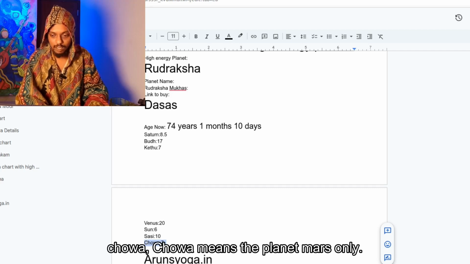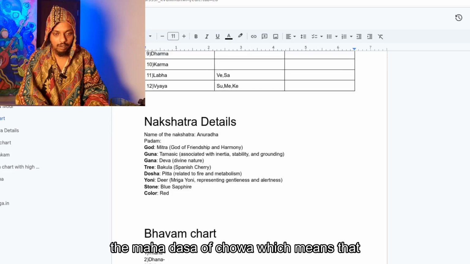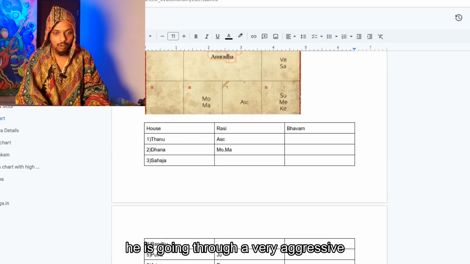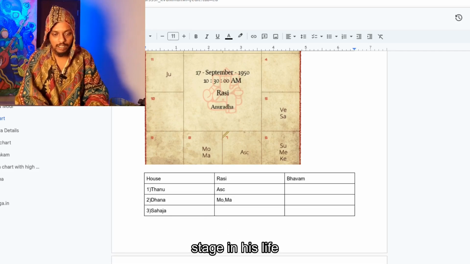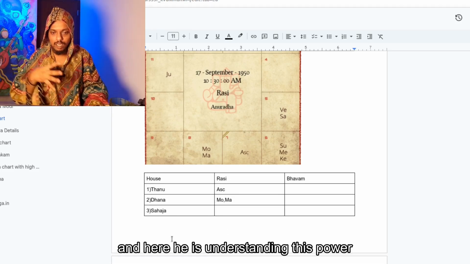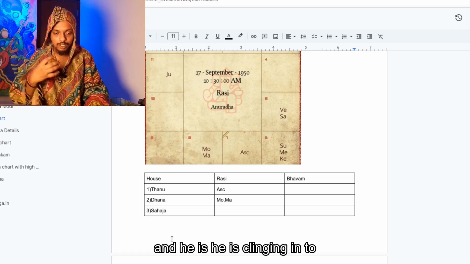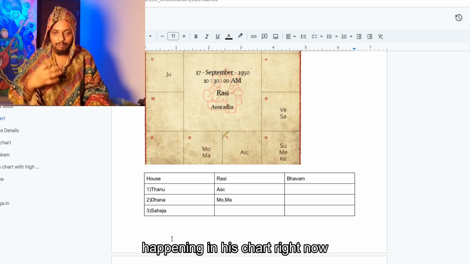Chova means the planet Mars only. So he is in the Mahadasha of Mars, which means that he is going through a very aggressive stage in his life, and here he is understanding his power and clinging to the power. This is what is happening in his chart right now.